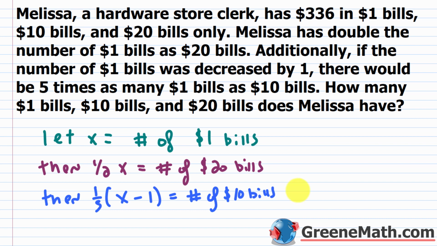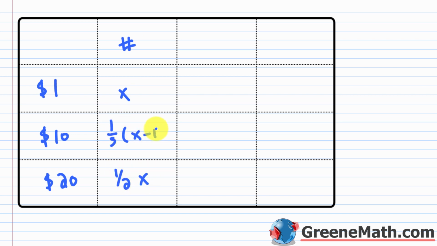So what we're going to do is make a little table here. I'm just going to come down, and I'll put this is the $1 bill, this is the $10 bill, and this is the $20 bill. And I'll put the number, which we modeled earlier. So this one was x, this one was 1/5 times the quantity x minus 1, and this one was 1/2 times x.